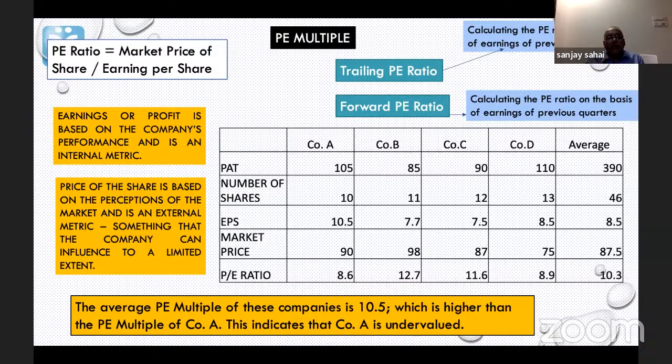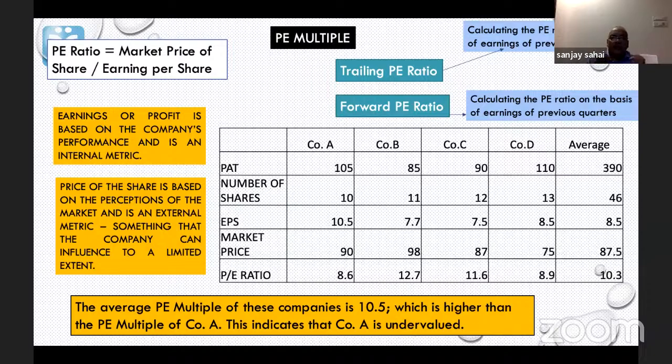That is why when you combine these two things, you are combining both the external side, how does the market view the company, and the internal side, what is the internal performance of this company.